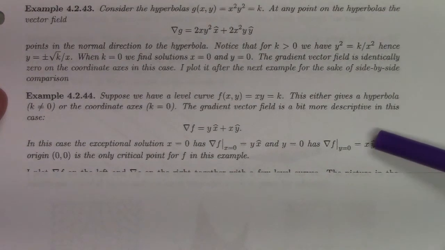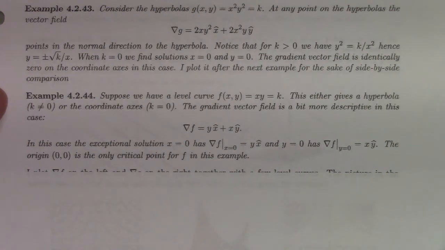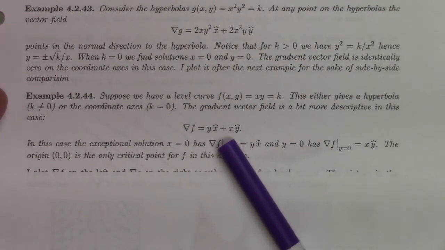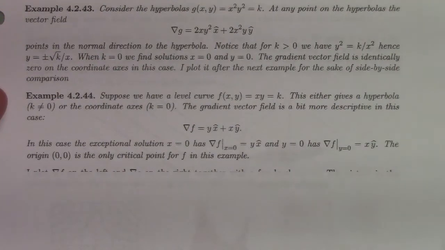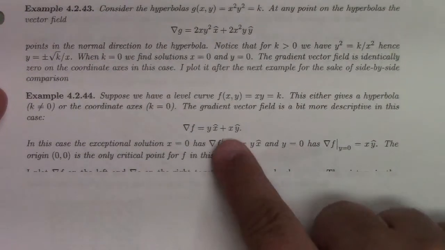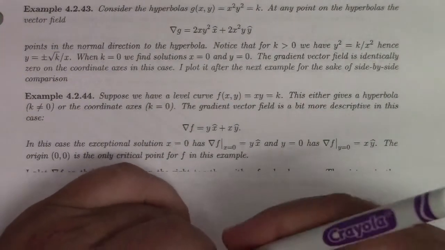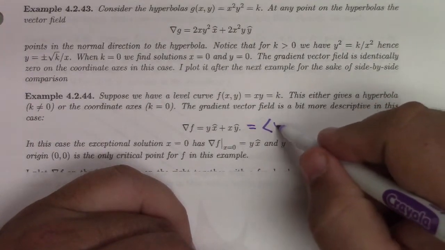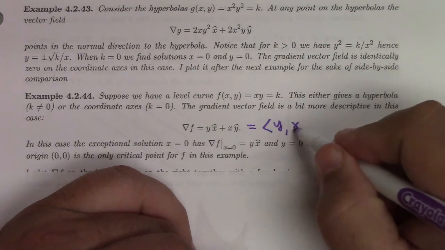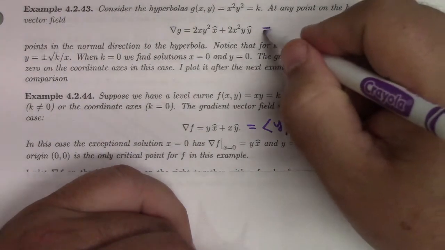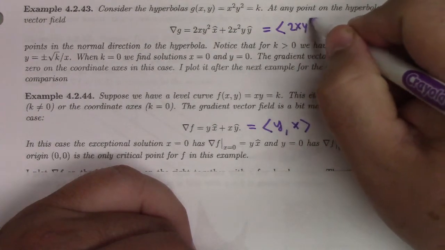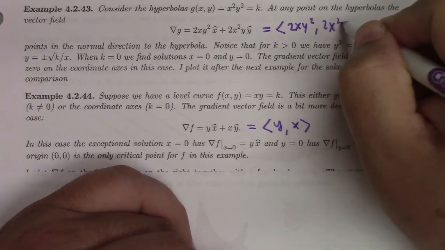The level curves are actually hyperbolas, and the gradient vector field is a little bit simpler. Nabla f is y x hat plus x y hat. If this notation is confusing you, remember that that's just another way of writing y comma x, and this is just another way of writing 2x y squared comma 2x squared y.